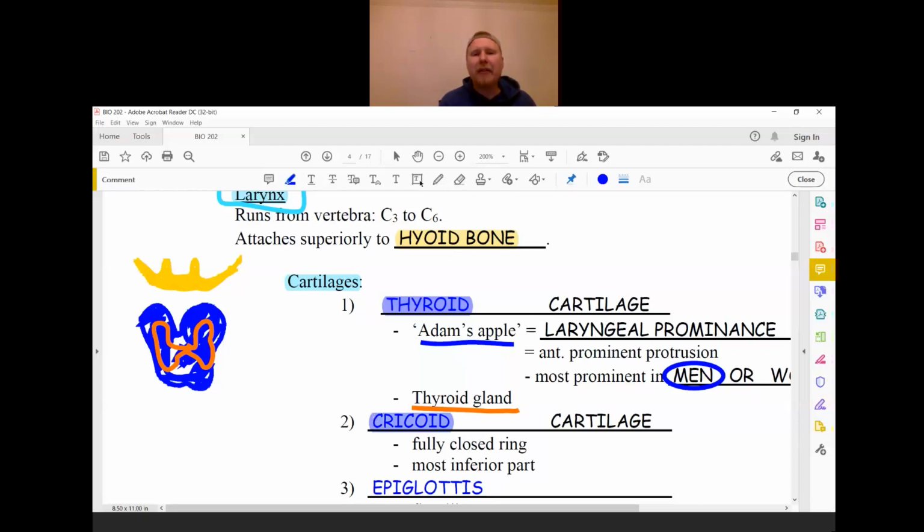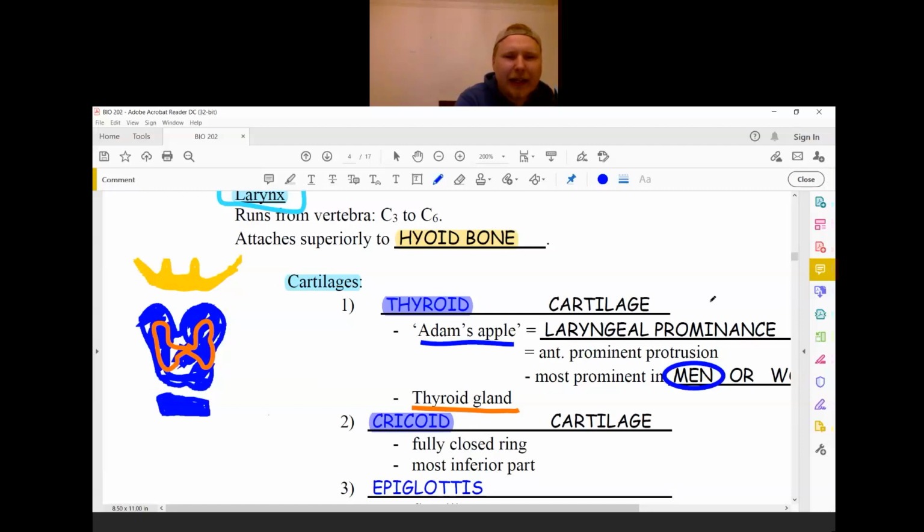This is the most inferior part of the larynx, and actually the only fully enclosed ring-like structure of this structure as a whole. If we take a side view of what we're seeing, that might become useful a little bit later on as we cover more of these.